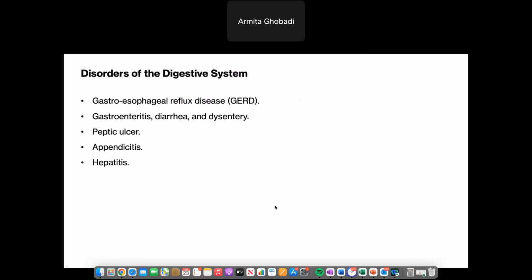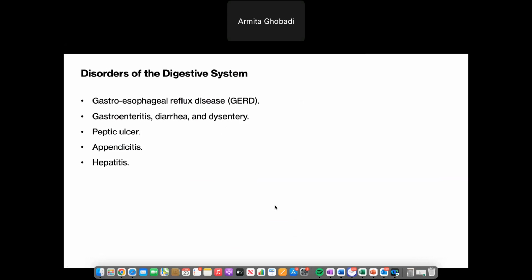There are some disorders with respect to the digestive system. First of all is GERD, which is very important. It is gastroesophageal reflux disease. It's a longer story, but it is called heartburn. Sometimes you have reflux in your body, which causes extra pain and burning in your stomach.